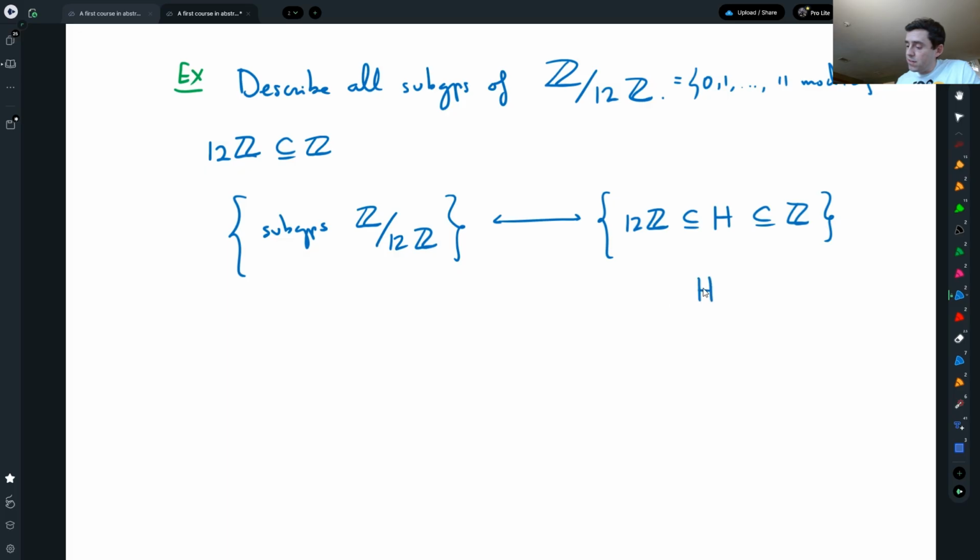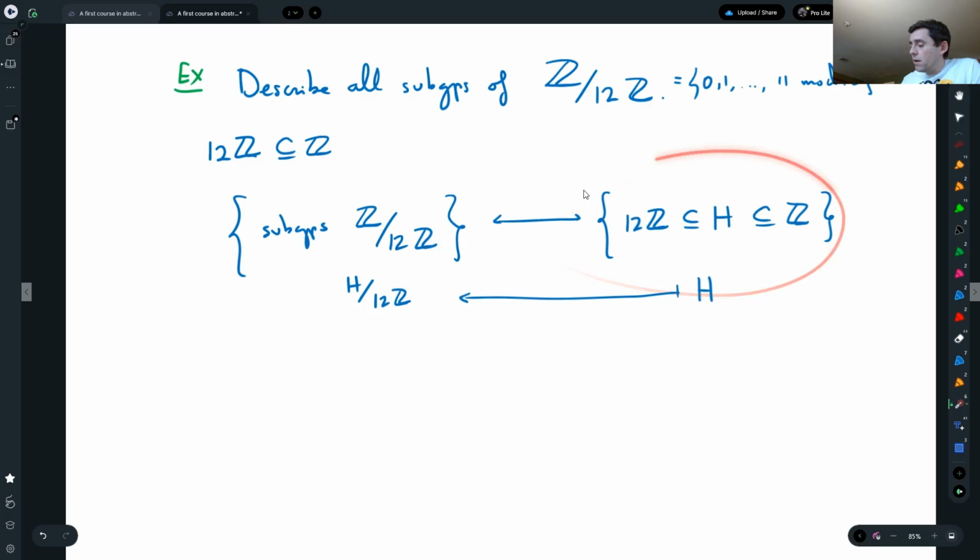And the correspondence tells me that if I find one of those H's, then H modulo 12Z will be one of those subgroups, and every subgroup comes in this way. So let's find these subgroups instead.